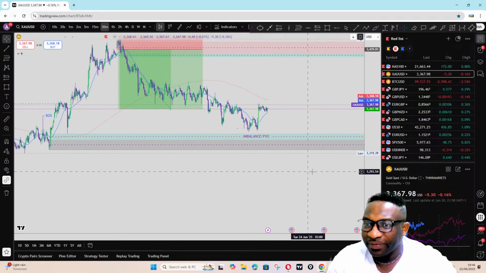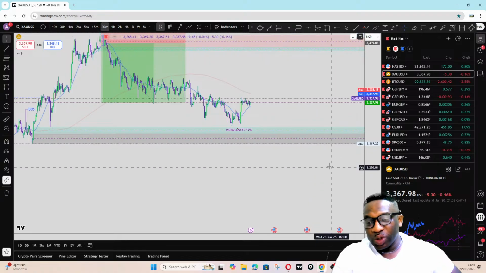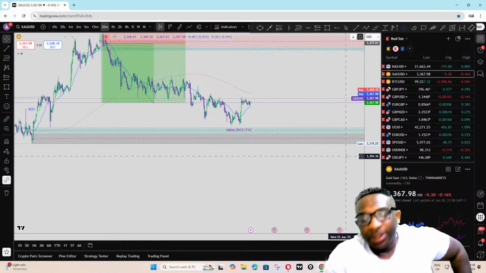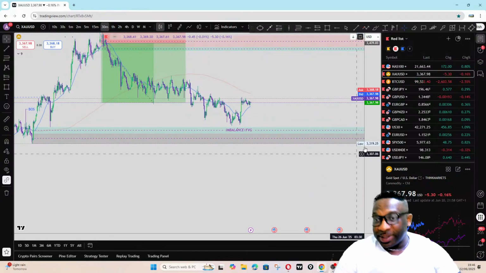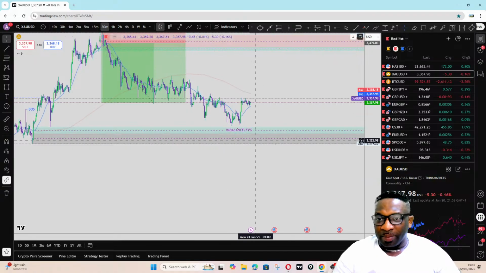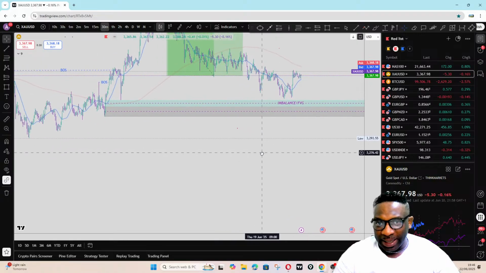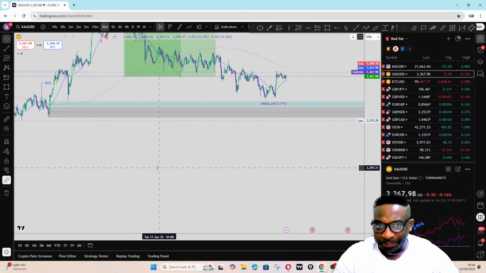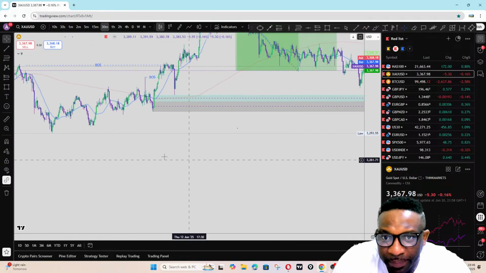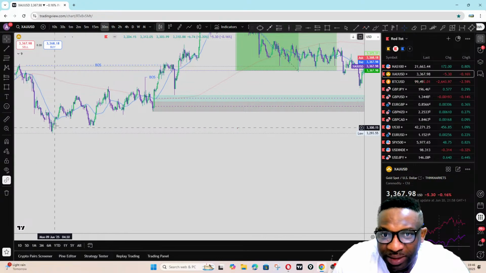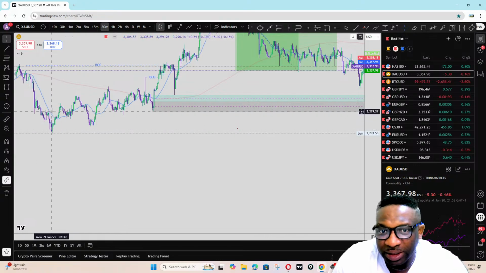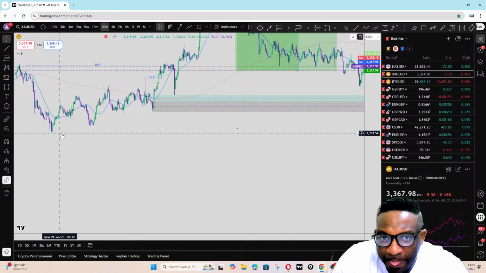Sometimes if the movement is not that clear to you, it's better to wait, to sit on your hands, because already we have all these pending areas we are anticipating. So we have an area here where price broke a structure or caused a change in character that has not been tapped in yet.